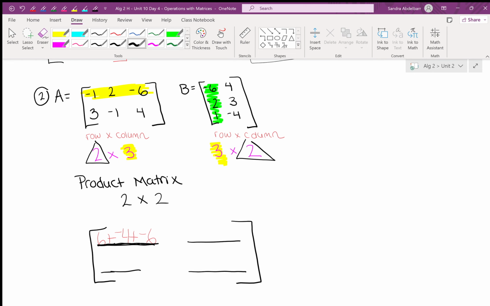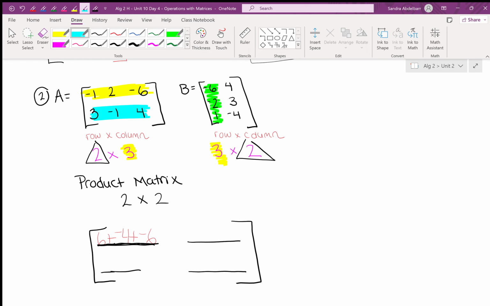All right, now I'm going to go to the element right underneath the first element. So I'm still working in the first column. So now I'm going to go down to 3, -1, 4. And what am I going to multiply this whole row with? Again, the first column. All this is just filling in my first column.